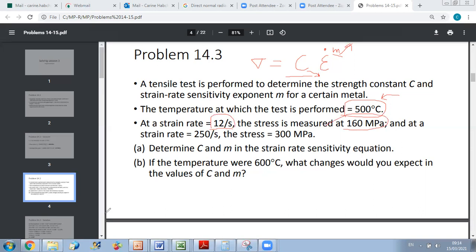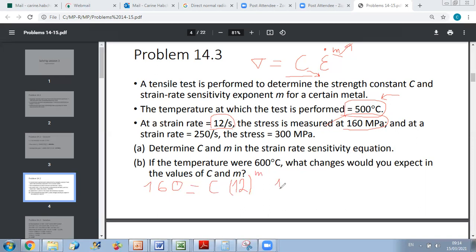So the first equation I can write is that 160 is equal to C times the strain rate, 12 per second, to the power m. This is equation number 1.